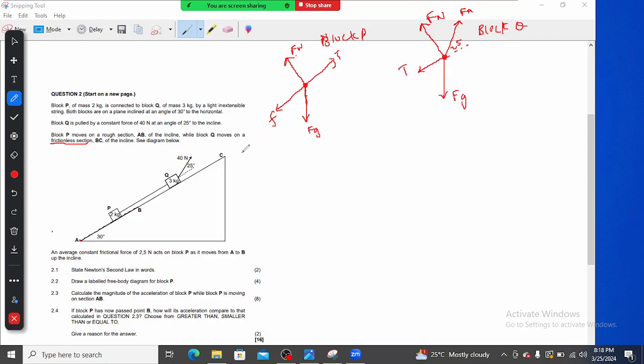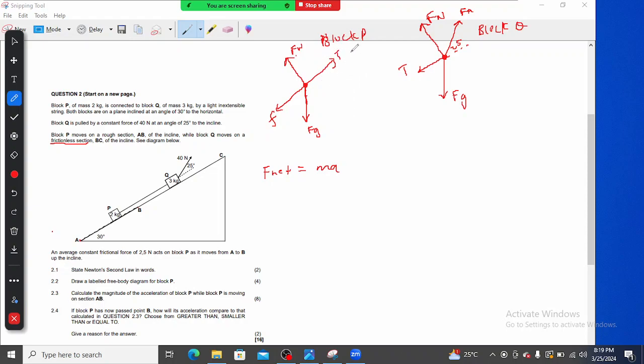Right. And then what do we have to do now? We have to compute the net force, right? By using Newton's second law, by definition, net force is equal to ma. The net force is equal to the mass times the acceleration of the system. Now, the first thing that we need to know: you can notice that we have the same tension.